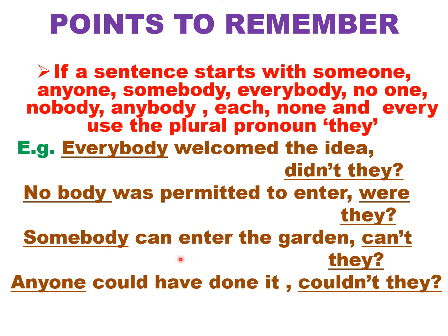Positive statement. Can. So we must use a question tag can't. And instead of somebody, we must use a pronoun they. Can't they. Anyone could have done it. Could is an auxiliary verb. Positive statement, so couldn't. Instead of anyone, we must use the pronoun they. Couldn't they.